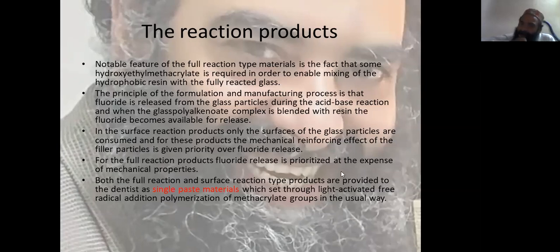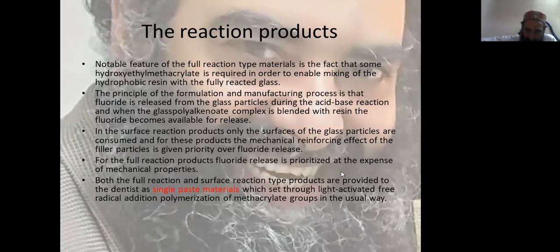For these products, the mechanical reinforcing effect of the filler particles is given priority over fluoride release. Fluoride release in the surface reaction type is less. For full reaction products, fluoride release is prioritized at the expense of mechanical properties, so in the full reaction type, the mechanical properties are lower.